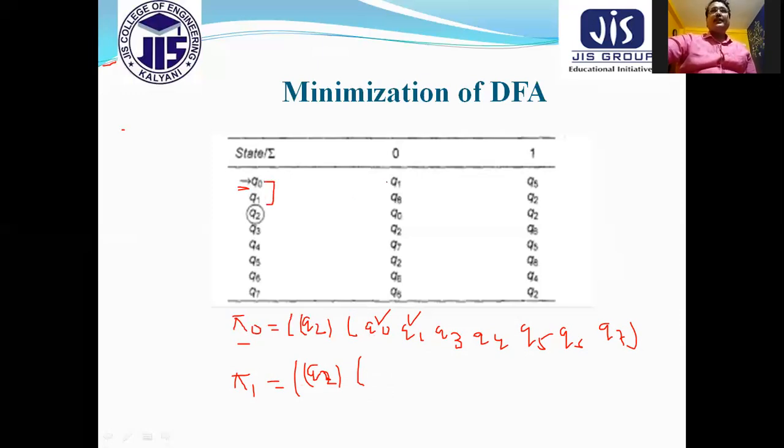Taking 0, it goes to Q1 and Q6. Q1 and Q6 belong to this set, you can see Q1 here, Q6 here. So no problem for 0. For 1, you can see Q5 and Q2. I can see Q5 here and Q2 here, so they belong to different sets. If they belong to different sets, I can say they are not equivalent. So I can put a cross here.